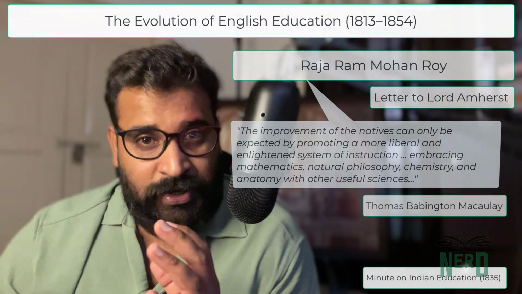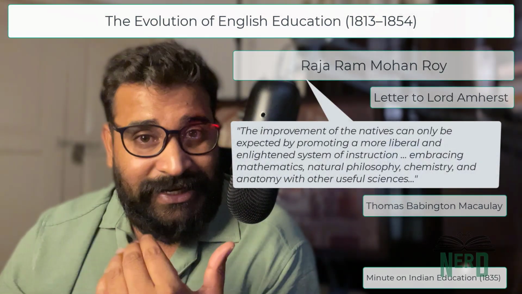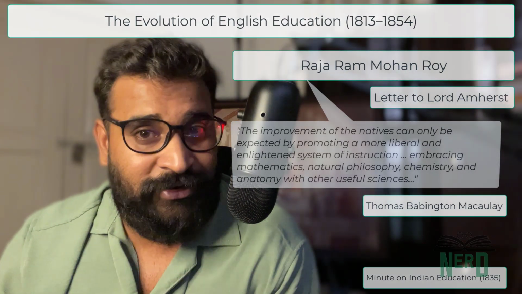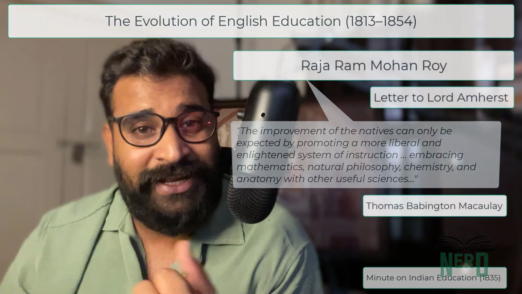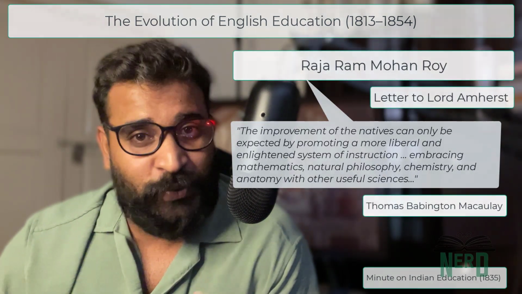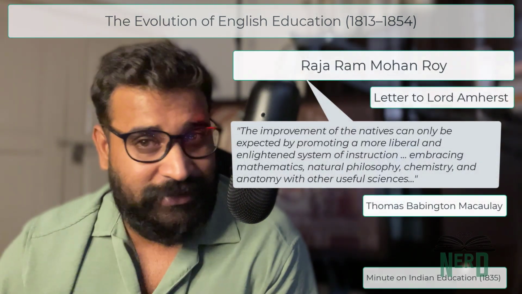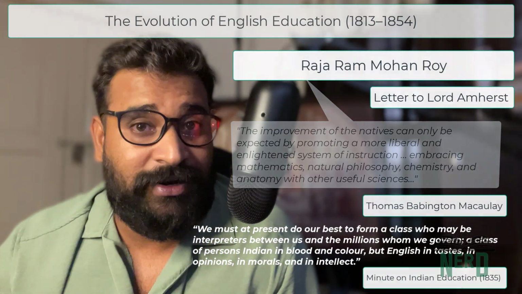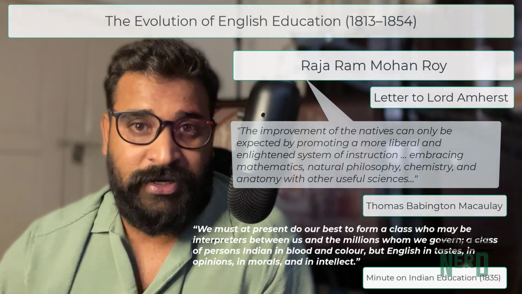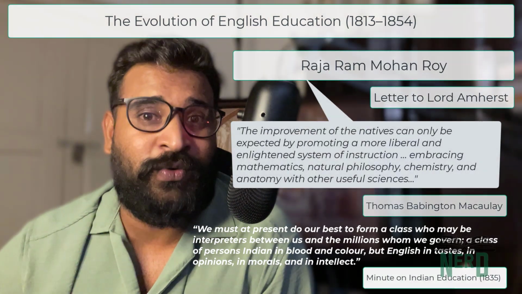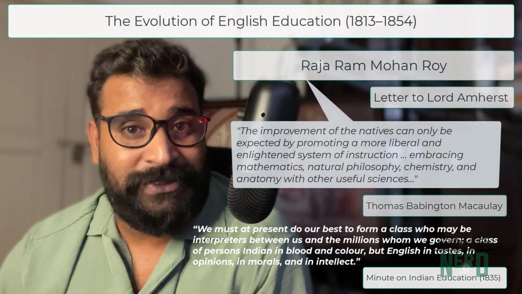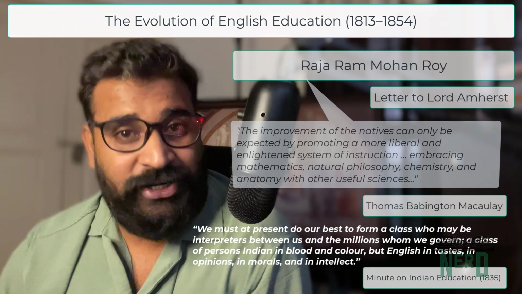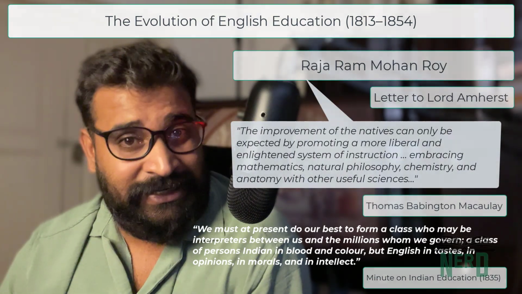So, what he said, he declared Indian literature as worthless, and proposed to create a class of people Indian in blood but English in taste. And can you guess what he said? He famously said, "We must at present do our best to form a class who may be interpreters between us and the millions whom we govern, a class of persons, Indians in blood and color, but English in taste, in opinion, in morals, and in intellect."